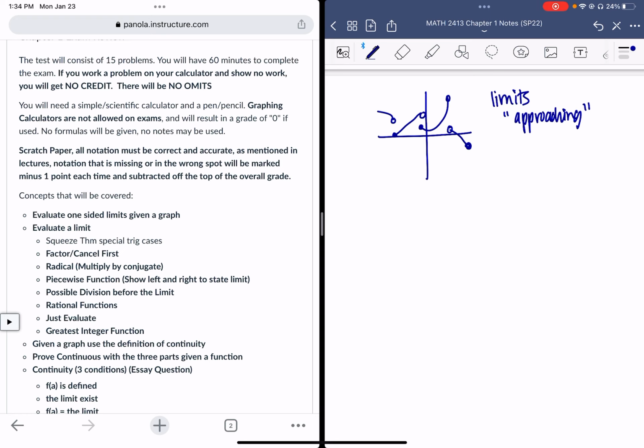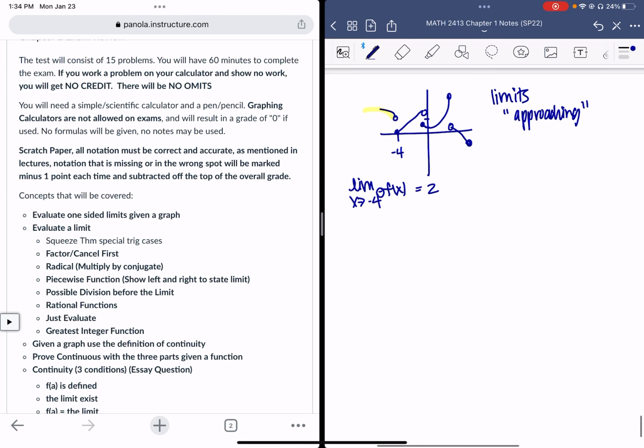So if we were looking at the limit as x approaches -4 of this function from the left, we follow this curve until we get closer and closer to that value of -4, and we'll say that value is about +2. Remember, the tiny notation up in the right-hand corner tells you the direction it's coming from.